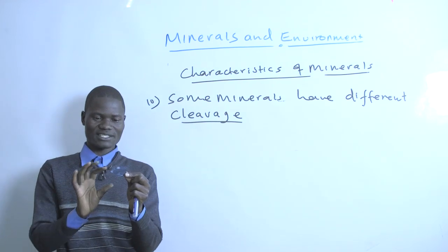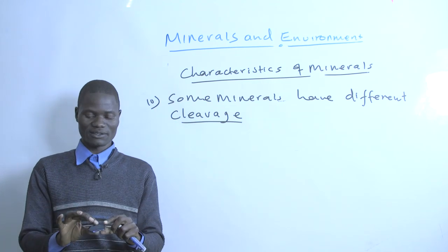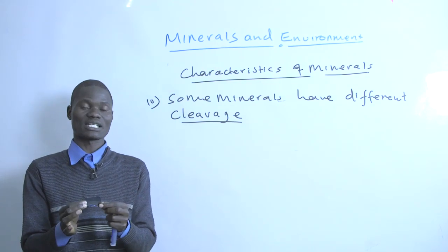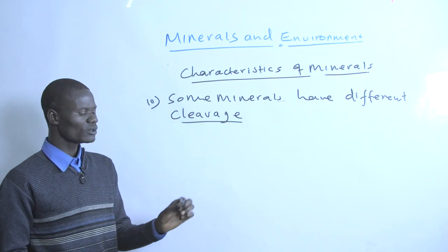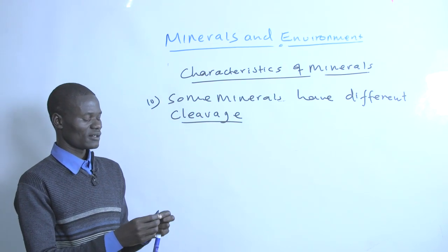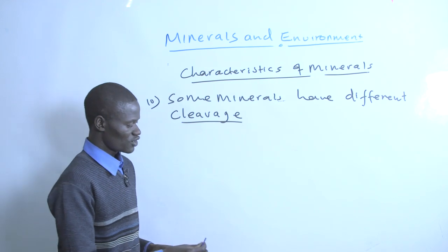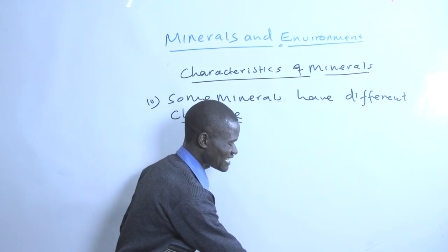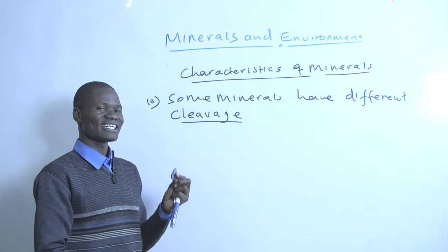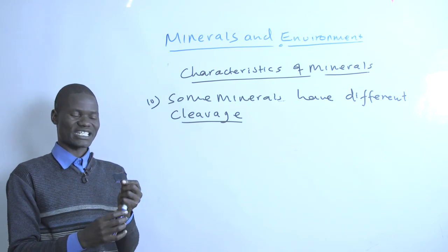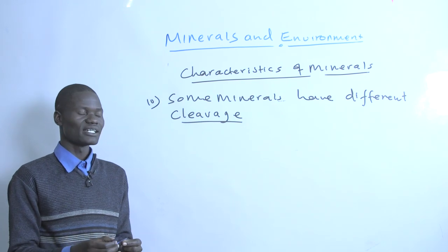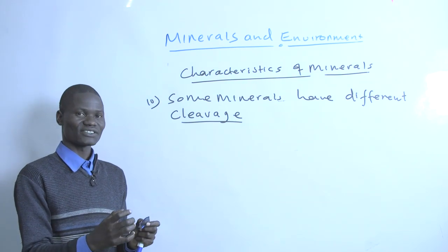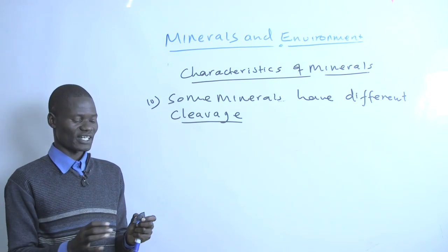For example, this is a type of mineral that is made of quartz. It is a glass, and when you try to scrub it against the wall or against another rock, it leaves a streak, or it may break. That breaking is its resistance to being worn out very quickly.